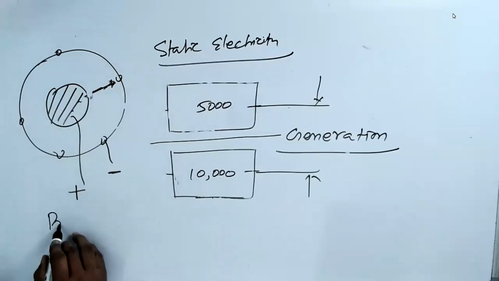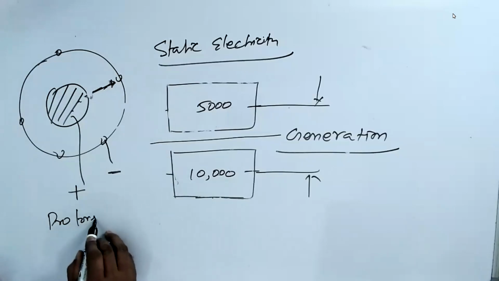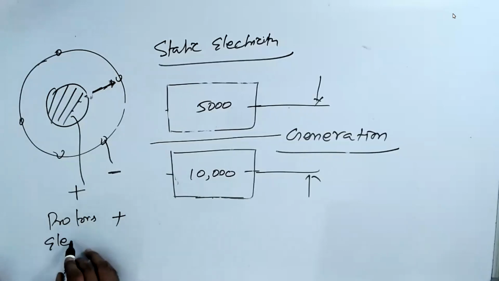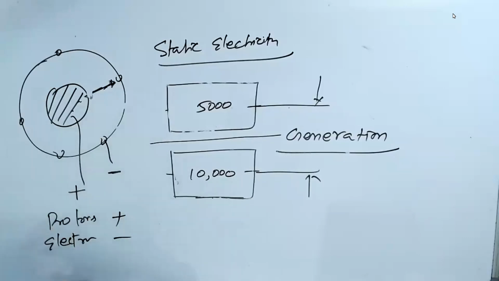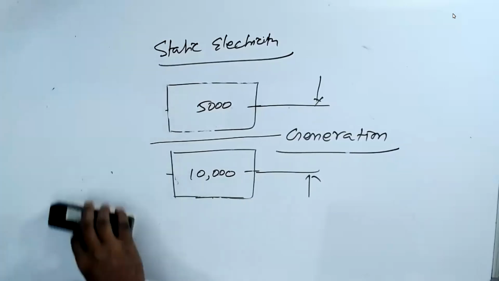We have always started following. Protons means positive. Electrons means negative. That's the way we started. We started all these things because of our great man, Benjamin Franklin, who had given a thought like this. This is the way documents are written and people start to follow. So now what happened?